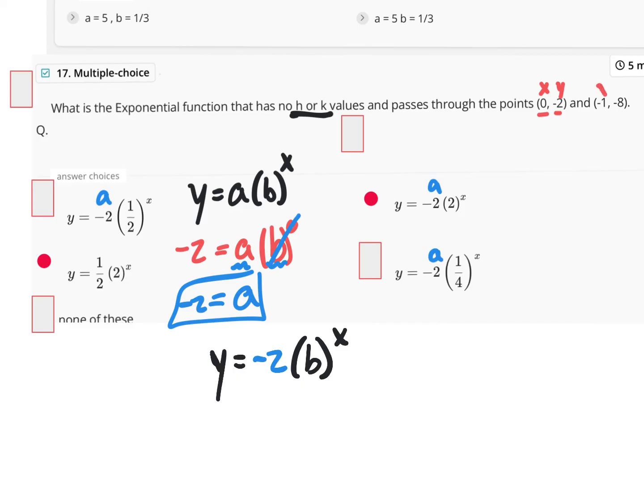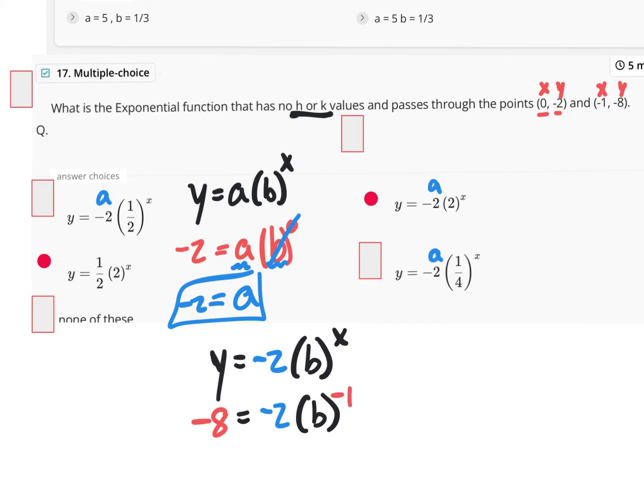The other coordinate is -1 for x and -8 for y. So let's put a -8 in place of y, equaling -2 times the base, which we're about to find out, to the x power, which is -1. And let's do this math.